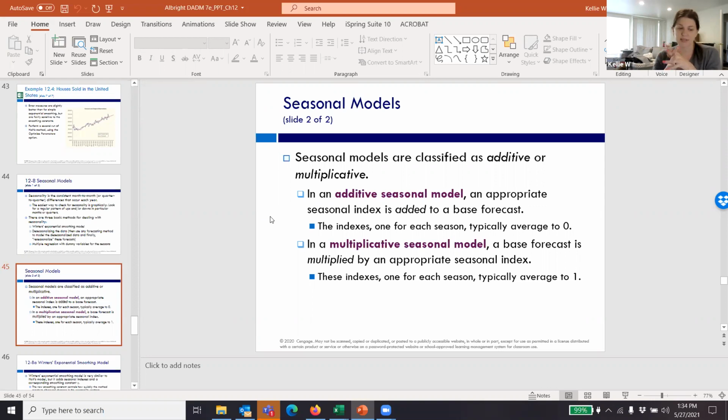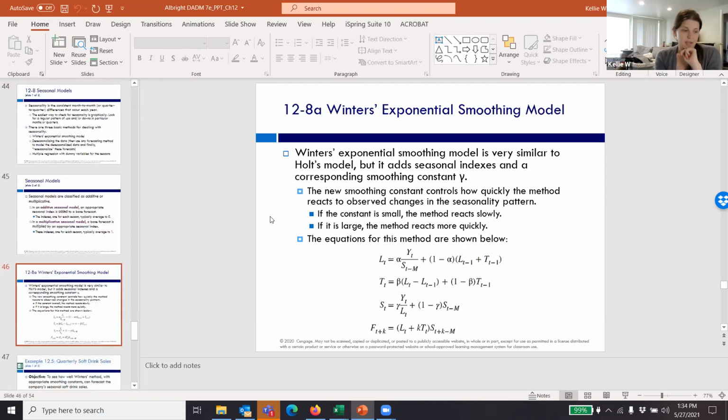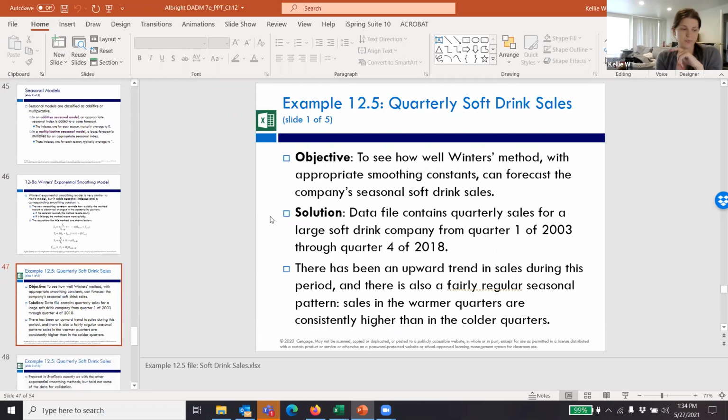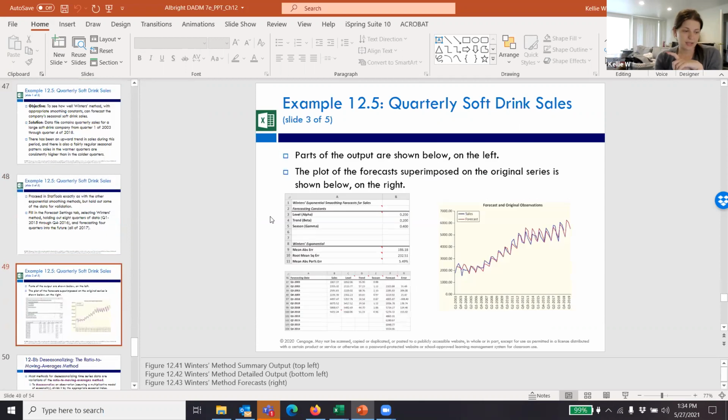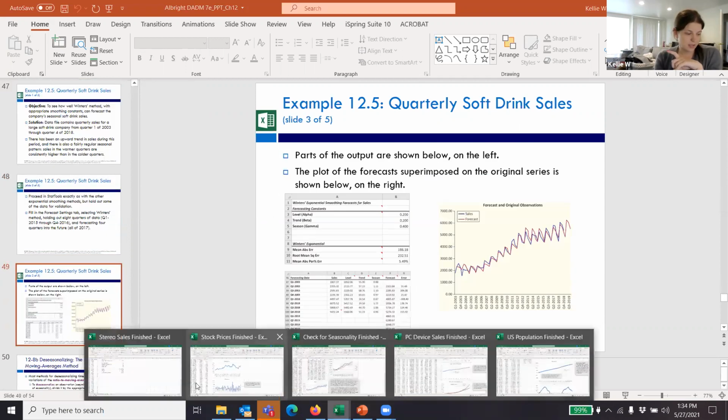So those indexes typically average to 1. The Winters exponential smoothing model is similar to Holt's mathematically, and that's all that you need to know. It's just slightly different. So let's look at the soft drink sales data.